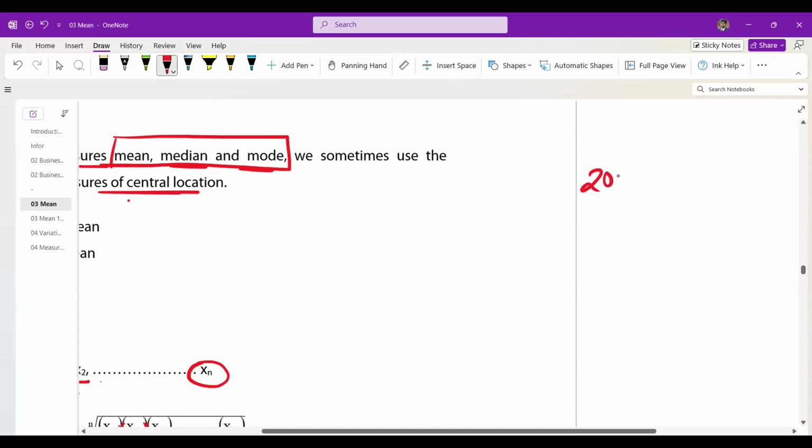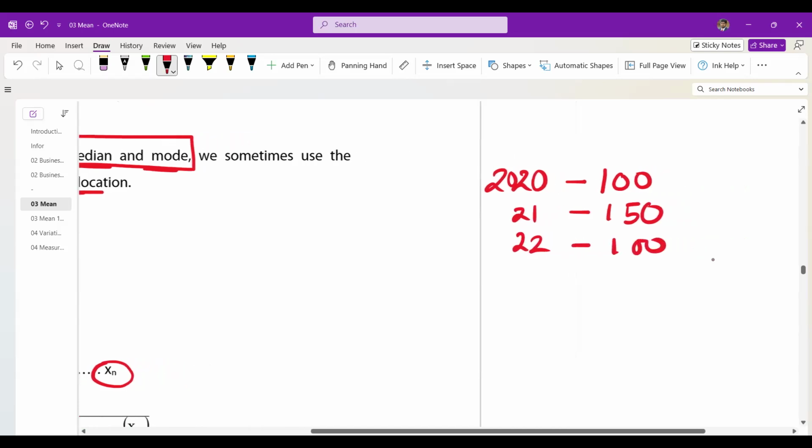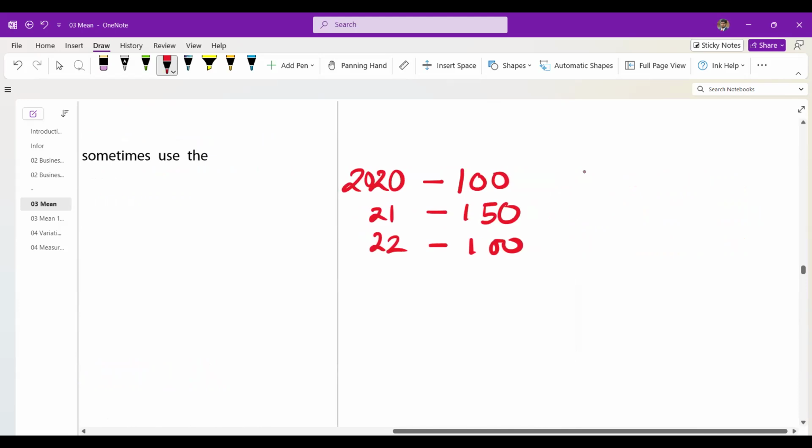In 2020, the share price was 100 rupees. In 2021, the share price was 150. And again in 2022, the share price became 100.